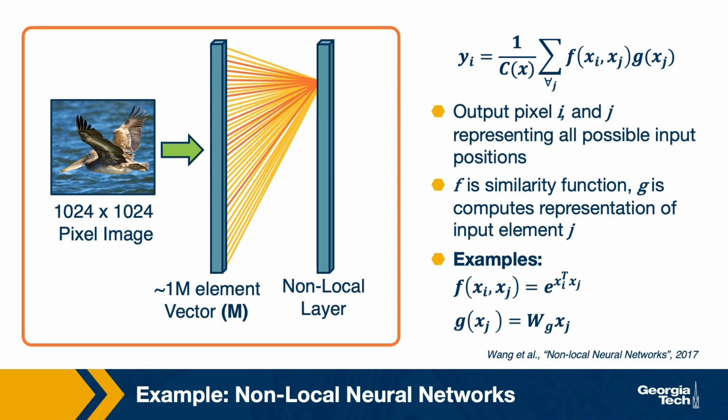In this case, the similarity function, f of xi, xj, is data dependent. And so you're modulating the inputs in a data dependent manner. And this makes all the difference. It allows the network to, in effect, learn the connectivity pattern, learn for each piece of data what is important, and then sum up the contribution across those pieces of data in order to form the output representation.